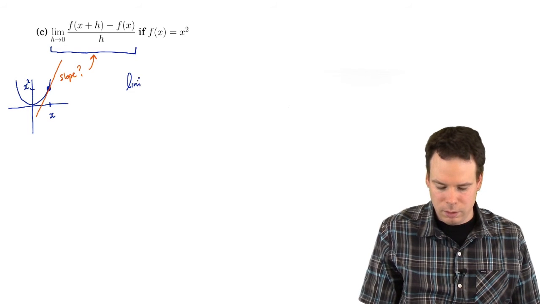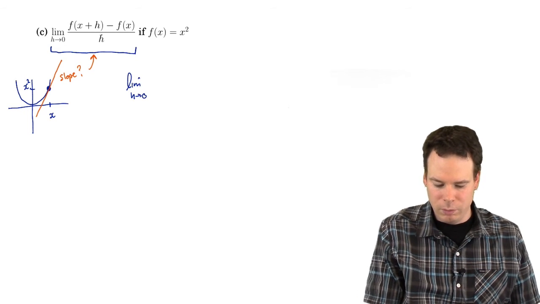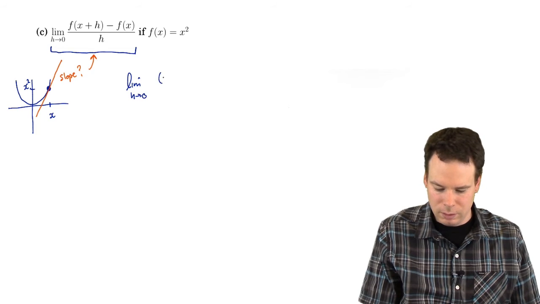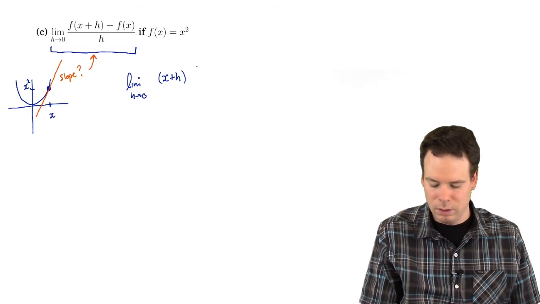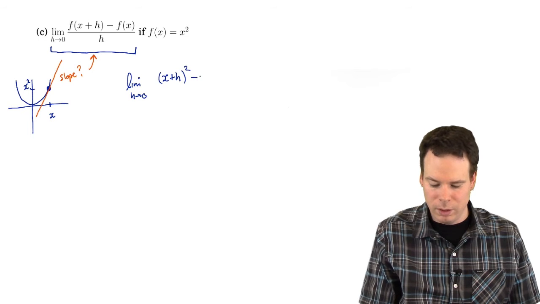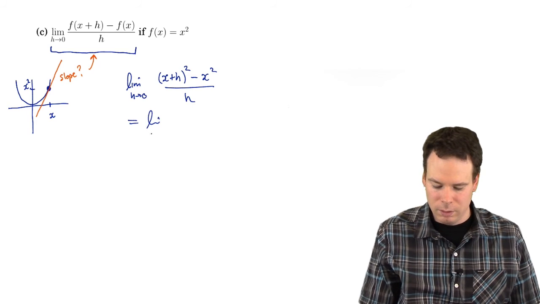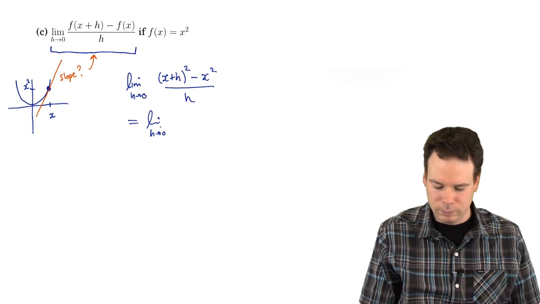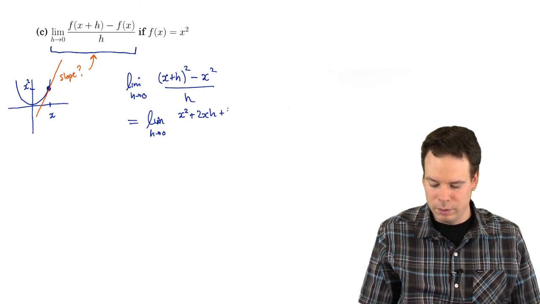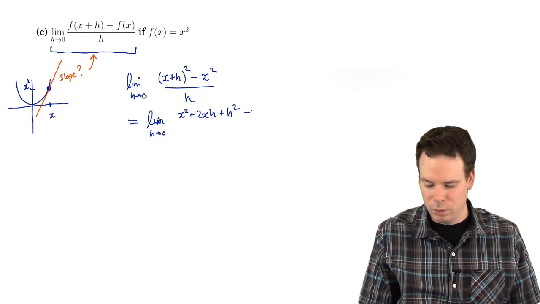So here we can use the fact that we know what f is. It is the squaring function. So this is x plus h all squared minus x squared all over h. This is the limit we want to work out as h goes to 0. So this is the limit as h goes to 0 of x squared plus 2xh plus h squared, so I've expanded that first square, minus an x squared all over an h.